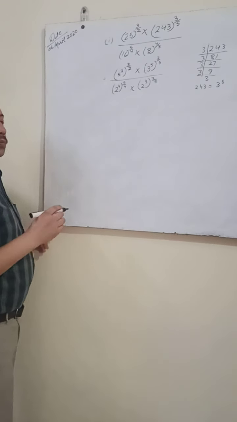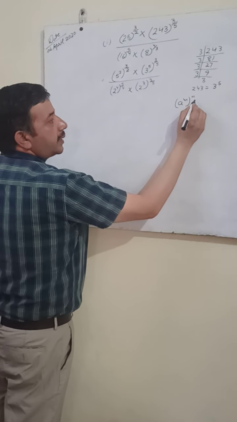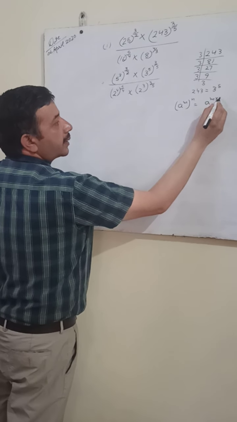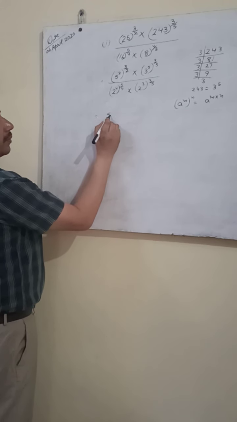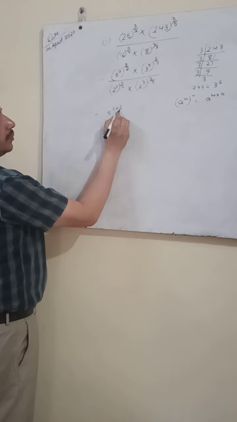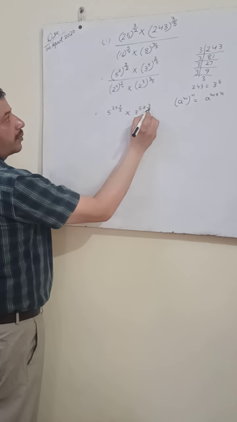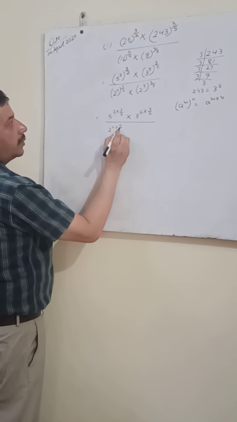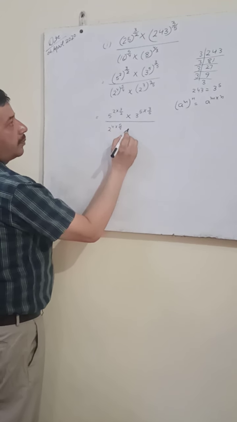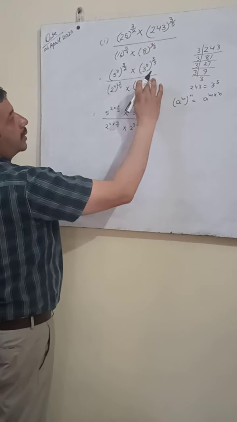Now using the laws of exponent, you see (a power m) whole power n is equal to a power m into n. Using this rule, we get 5 power 2 into 3 upon 2 multiply by 3 power 5 into 3 upon 5 whole upon 2 power 4 into 5 upon 4 multiply by 2 power 3 into 4 upon 3.